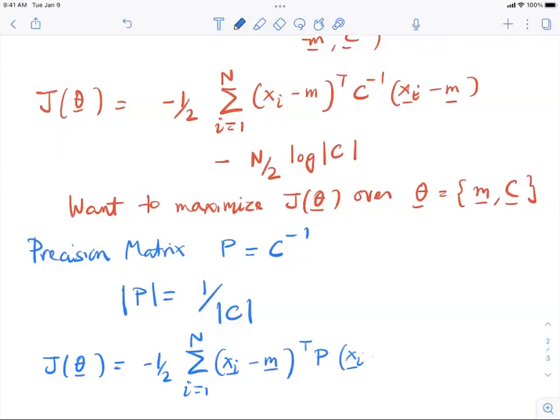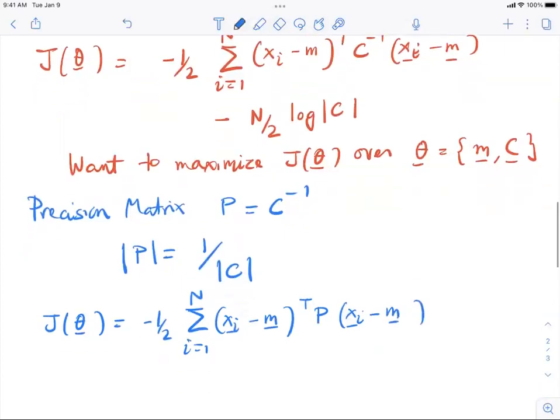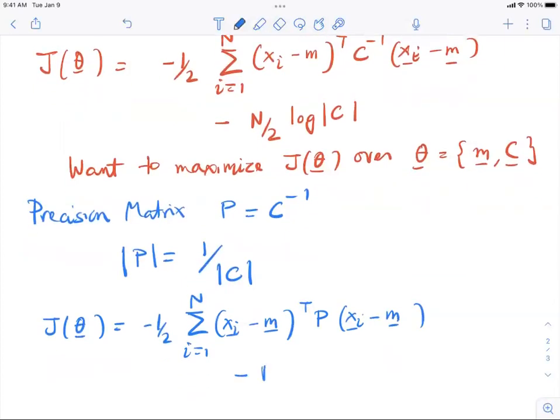And that's much nicer than C inverse, in terms of maximization. Minus n over 2, and now it's not minus anymore, I have log of the determinant of P, so I'll have plus log of the determinant of P.